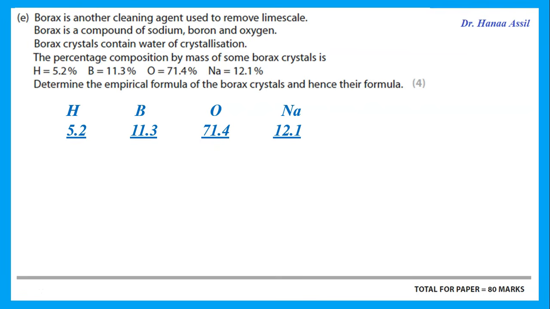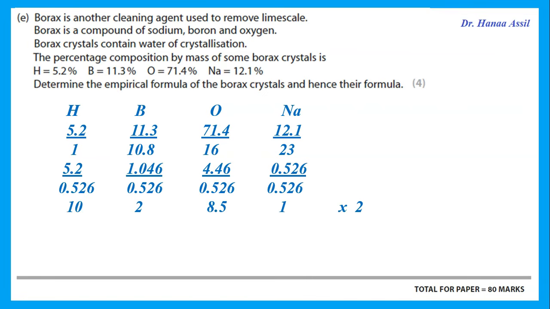How do we determine empirical formula? We said the first step is divide by the molecular mass of each element. Now we get numbers. We look at these numbers and divide by the smallest. And this gives this ratio, 10 to 2 to 8.5 to 1.